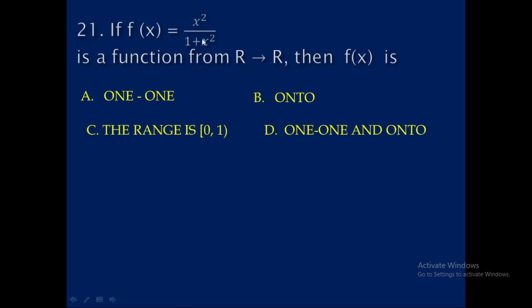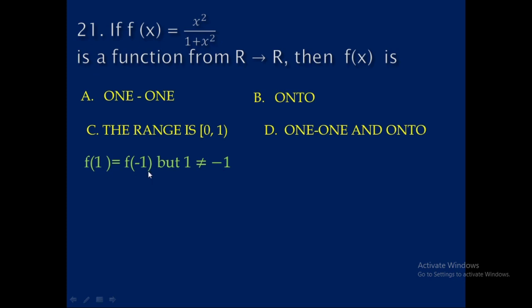When we look clearly, suppose you take x as one positive and another negative, either x equal to 1 and minus 1, or 2 and minus 2, any numbers, say a and minus a. Here a is not equal to minus a, 1 is not equal to minus 1, but you get the same image.